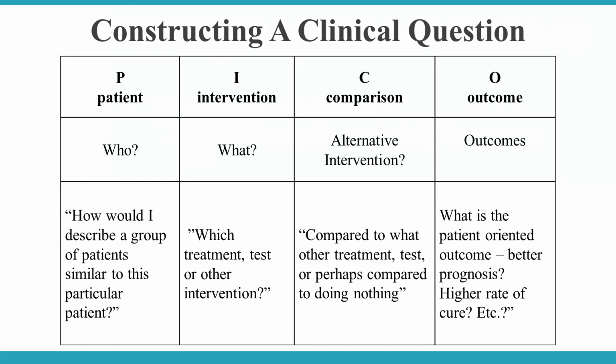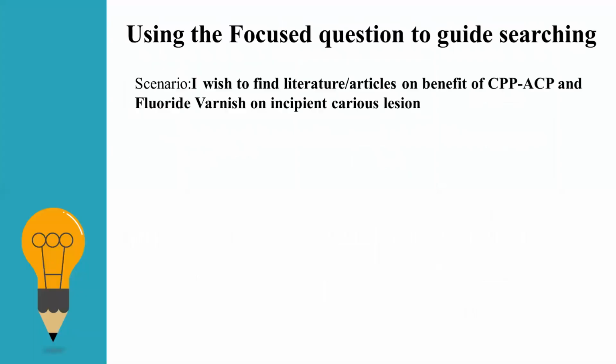What are the alternatives which were available is the comparison, and what outcome we are looking for, what is the patient-oriented outcome, the better prognosis, higher rate of cure. So that is how you construct a clinical question.